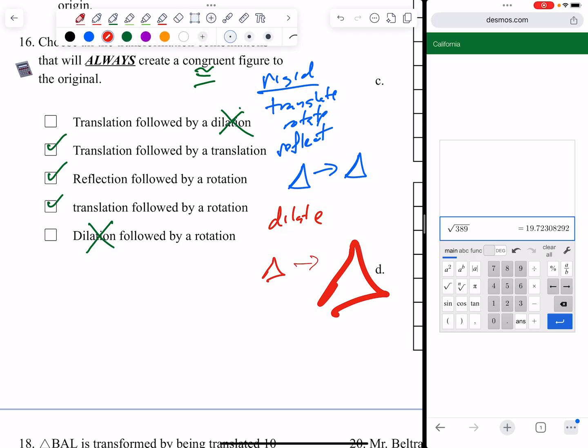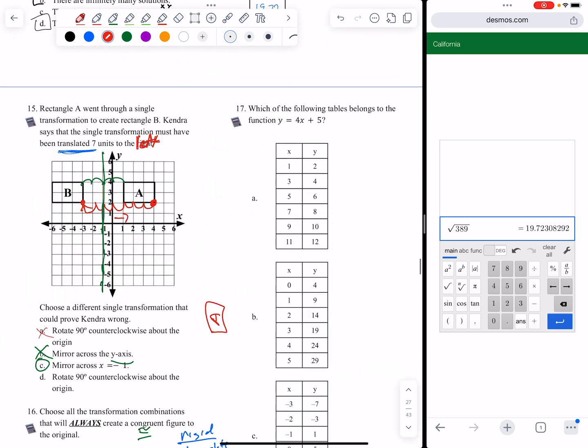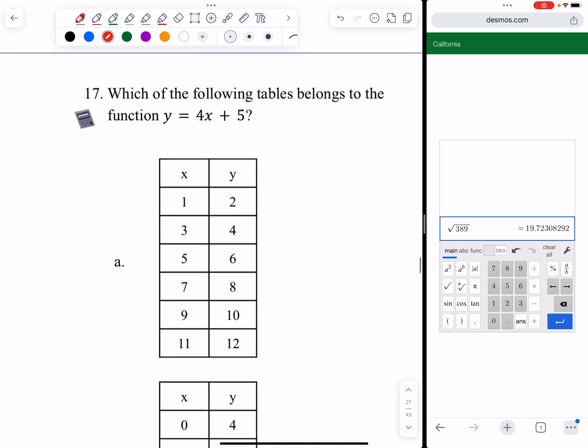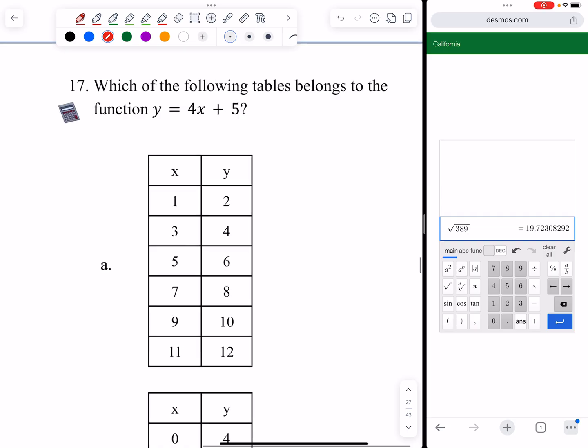Okay? All right. So which of the following tables belongs to y equals 4x plus 5? Okay, so a couple things to remember for this. Again, my favorite equation, mx plus b. Essentially, your rule is you're going to multiply the x times 4, then you're going to add 5, and it's going to equal y.